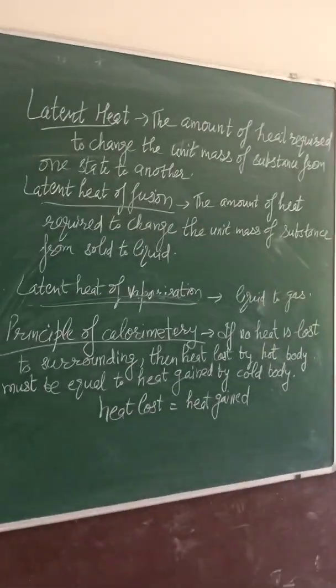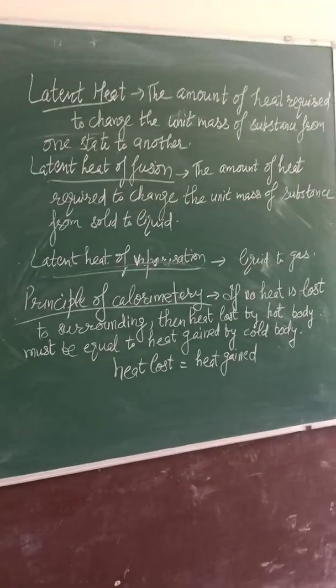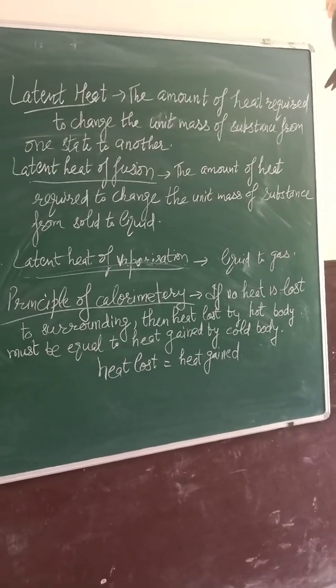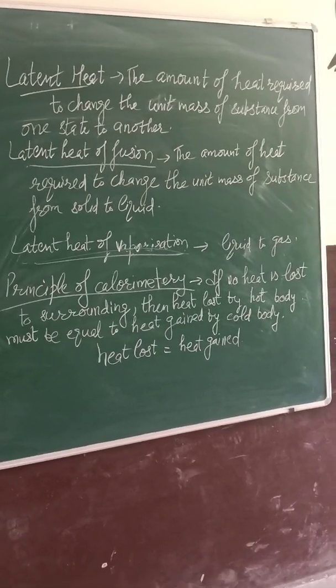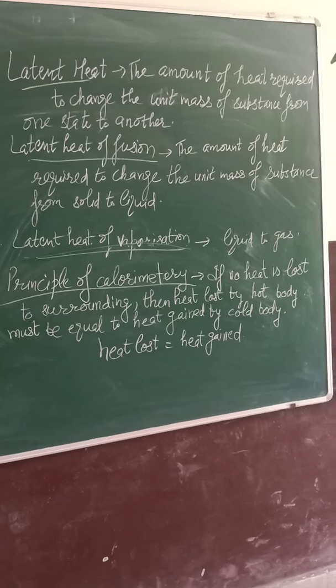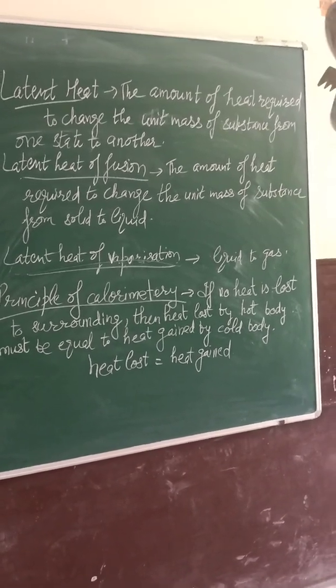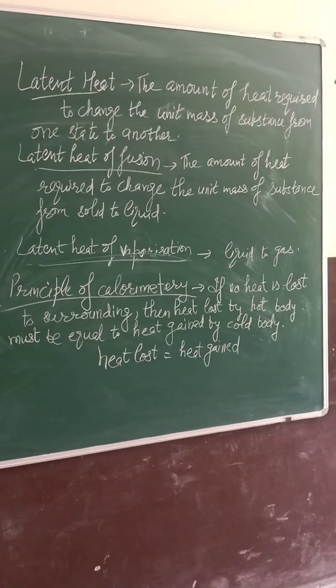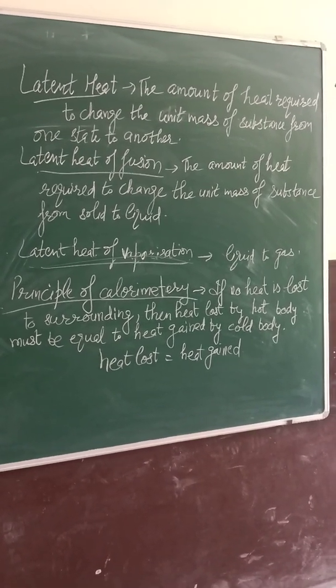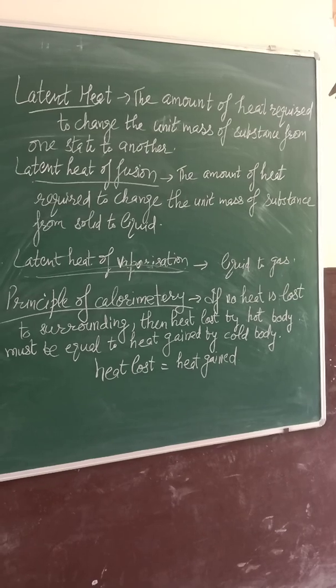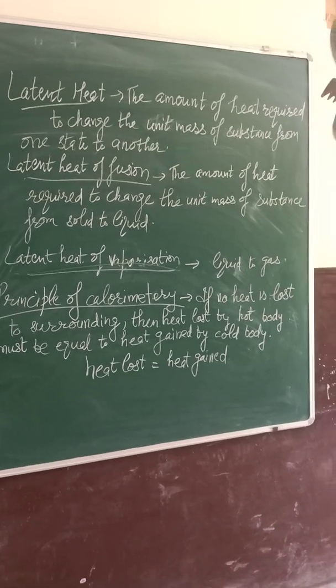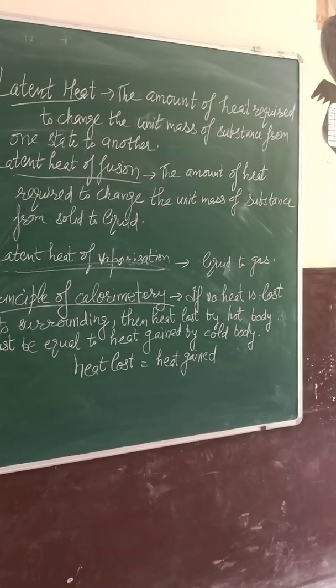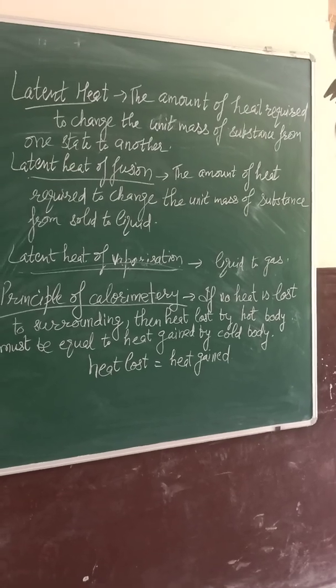Then next we have the definition of latent heat. What is latent heat? You have read in your lower classes. It is the amount of heat required to change the unit mass of a substance from one state to another. Means you have read in your lower classes 3 states of matter: solid, liquid and gases. So to change from one state to another, the amount of heat required is called latent heat.